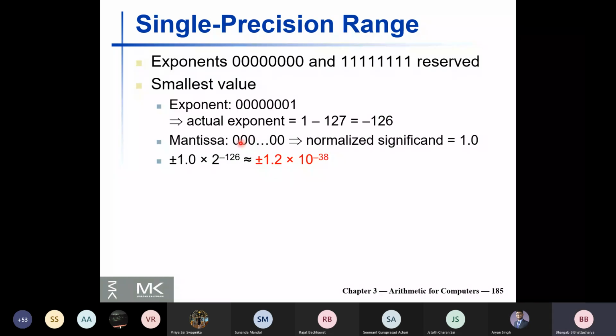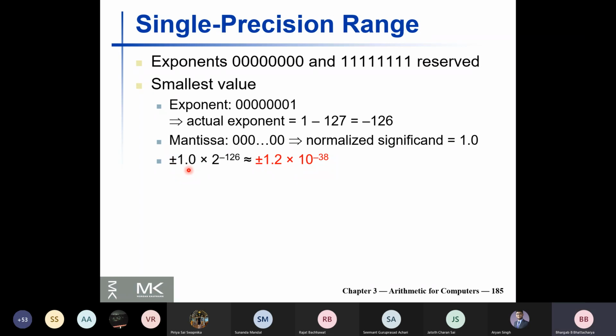And the mantissa, this is the minimum value of the mantissa. That means the normalized significand is 1.0. So what is the minimum value that you can represent? What is the smallest normalized value, in both directions, plus or minus?